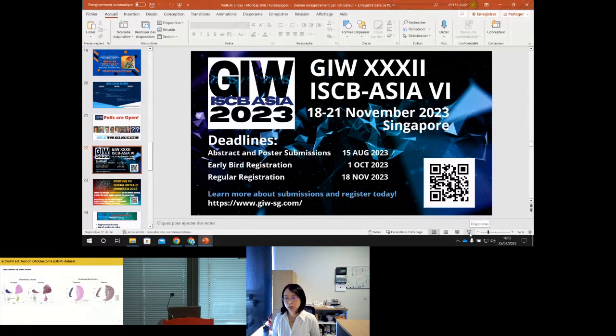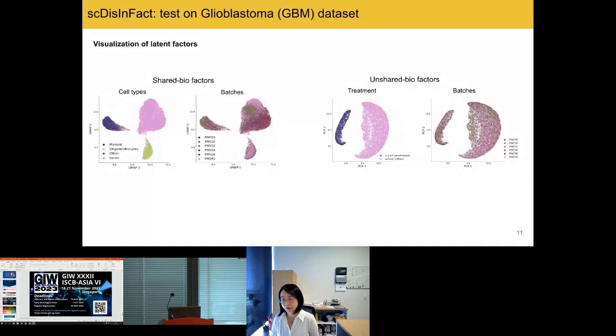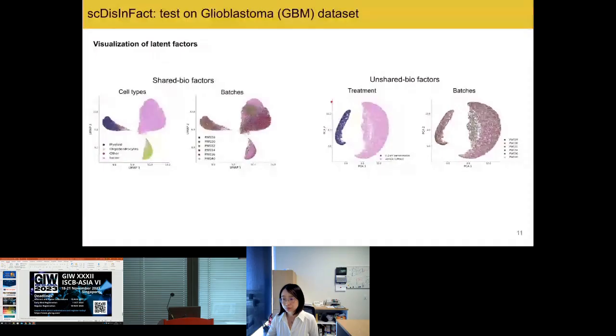And next, I want to visualize the unshared Bao factors. Remember, the unshared Bao factors correspond to the differences caused by different biological conditions. The unshared Bao factors should also be free of batch effect. That is what you see in the plot on the right, where the batches are very well mixed.